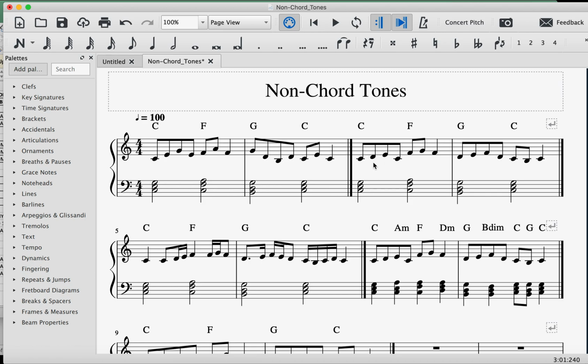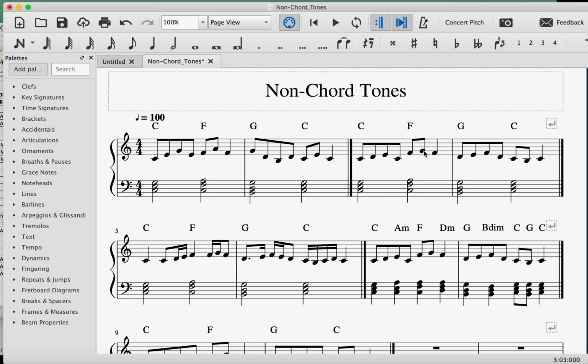And the reason it's called a passing note is because the melody is going upwards from C up to E. Those are both chord tones, and on its way up, it's playing this note in passing, so it's called a passing note. Now let's take a look at the F major chord.